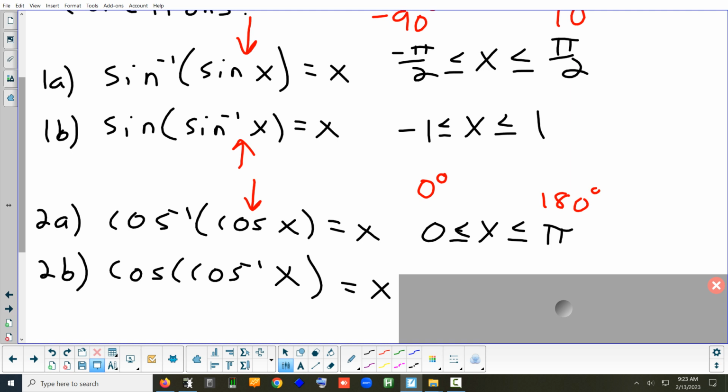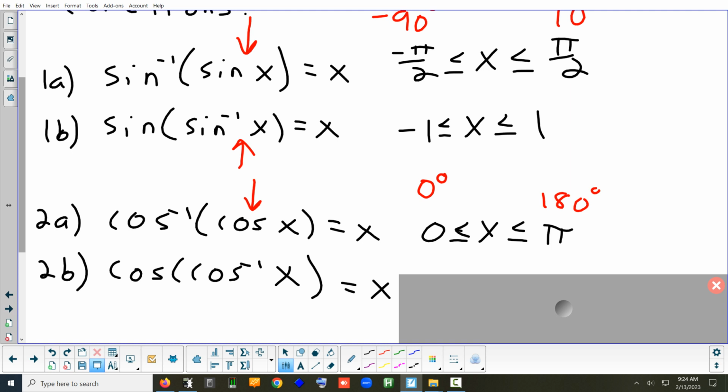And where you're really going to see this come up a lot is when we start talking more about triangles and trying to solve for angles. And the nice thing is when you're dealing with a triangle, you know that all your angles have to be less than 180, but they also have to be more than what?